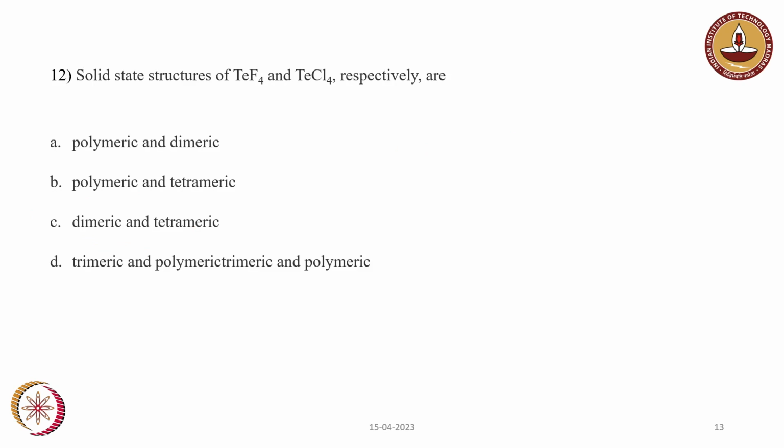Next question is: solid state structure of TeF4 and TeCl4 respectively are. Option A is polymeric and dimeric. Option B is polymeric and tetrameric. Option C is dimeric and tetrameric. And option D is trimeric and polymeric.